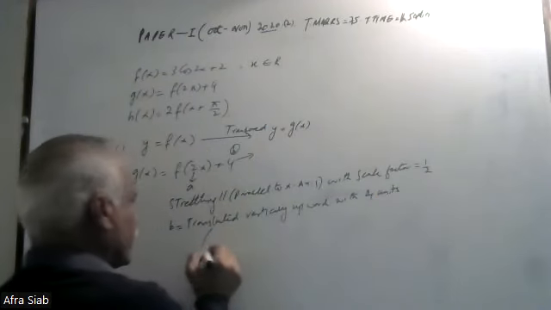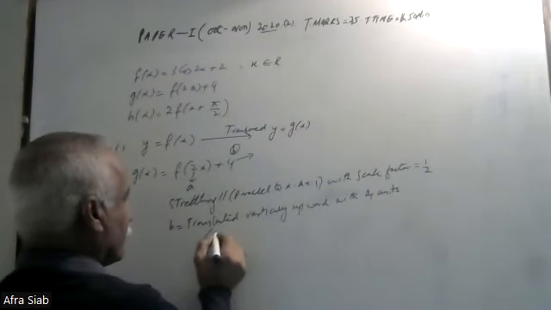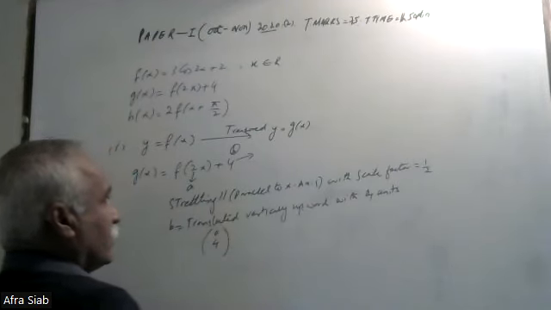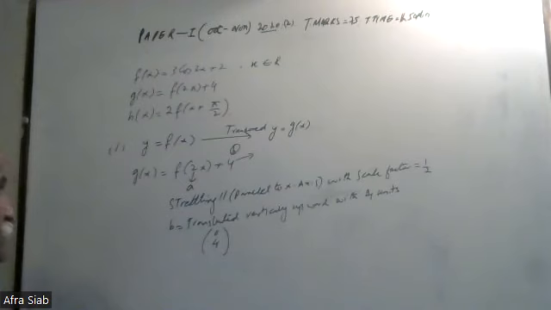So which you can write as 0, 4. So this is the complete transformation of this from y is equal to f of x to y is equal to g of x.